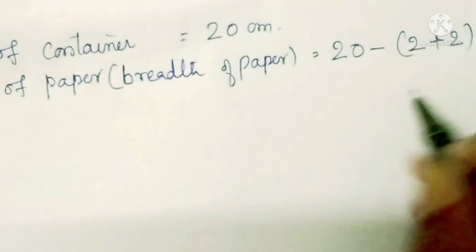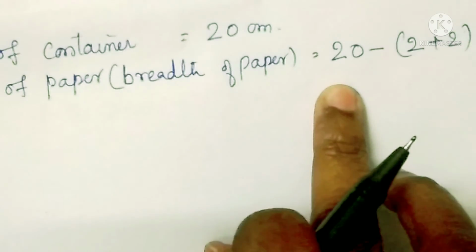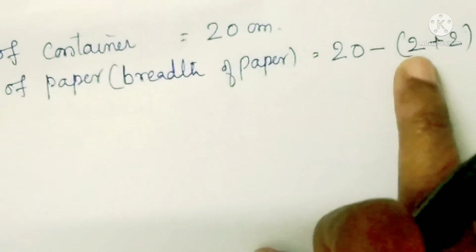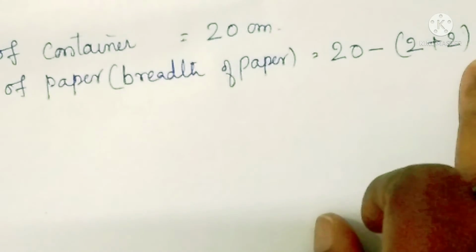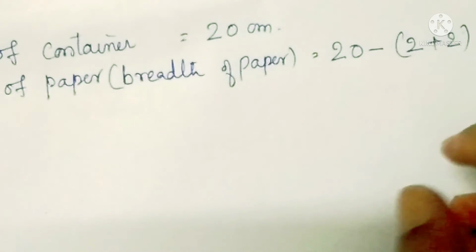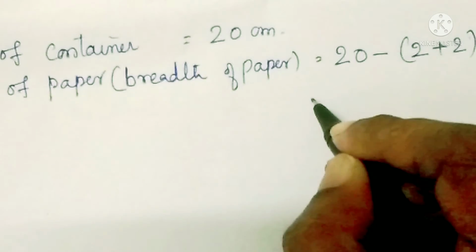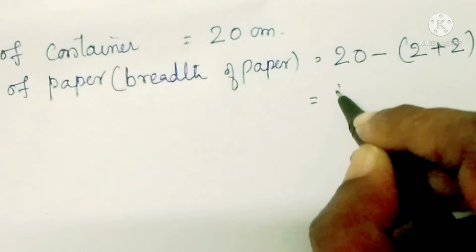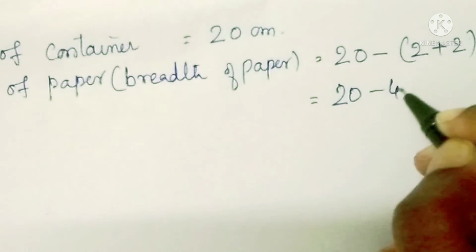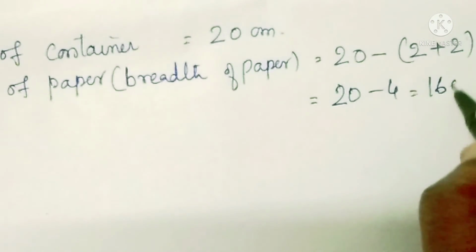Why 2 plus 2? 20 is the original cylinder height. On the top and bottom, this 2 plus 2, 2 and 2 to be left without covering. So what is the total breadth of the paper? 20 minus 4, which is equal to 16 centimeter.